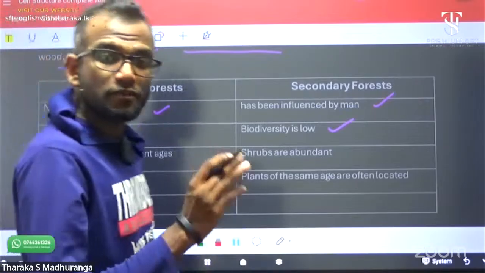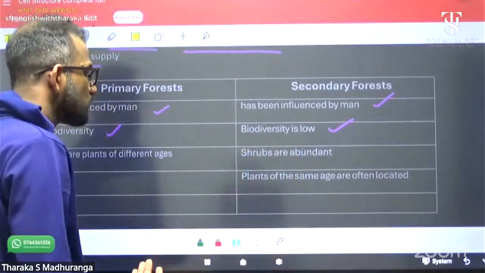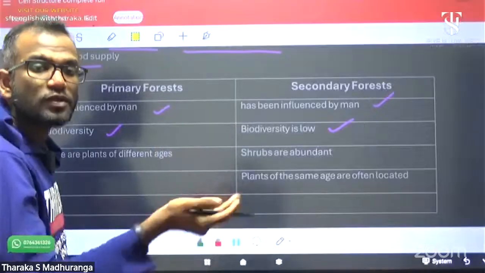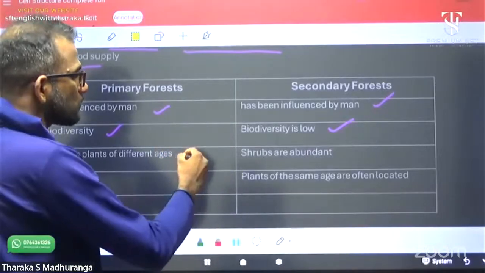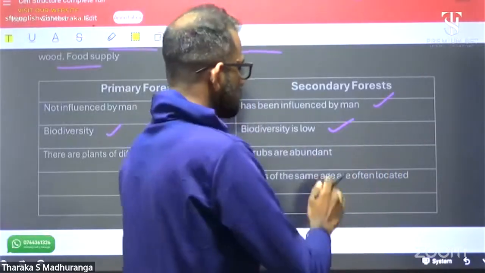There are different types of plants in primary forest, but in secondary forest, the same type of plants, while plant heights and ages differ in primary forest. Secondary forest means the same age.